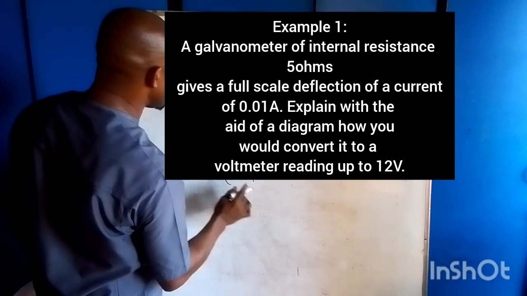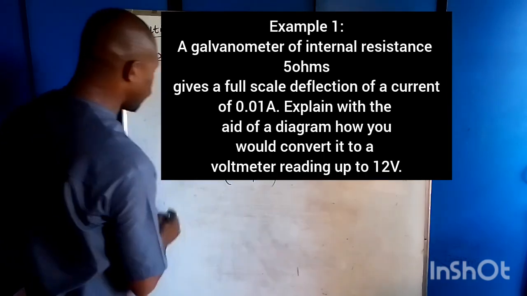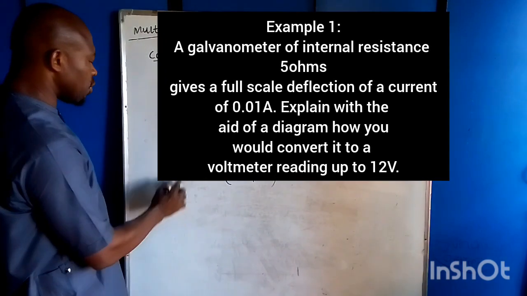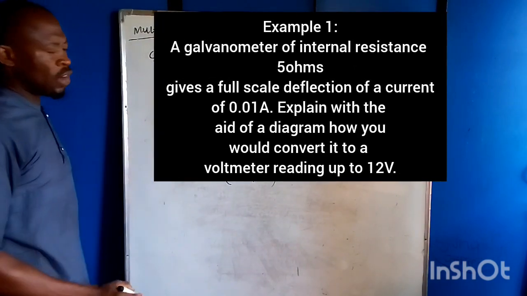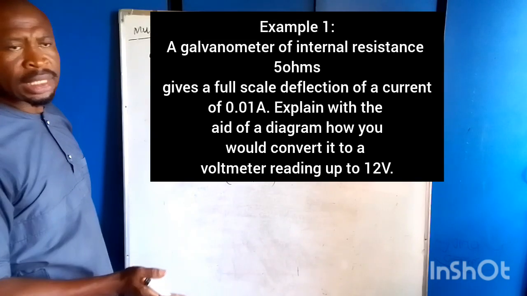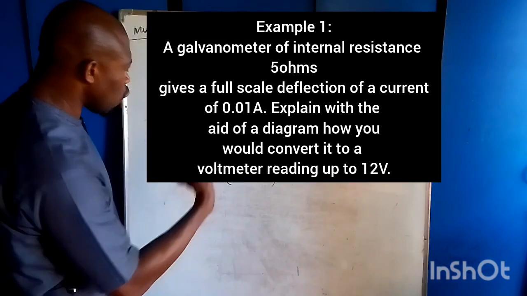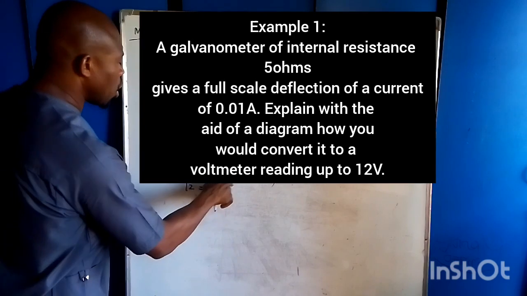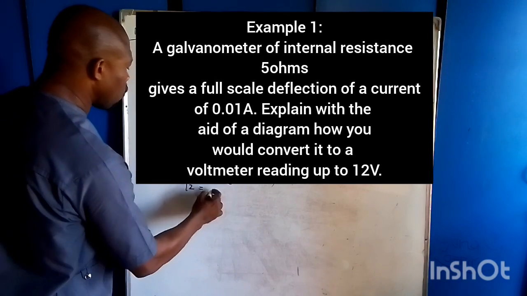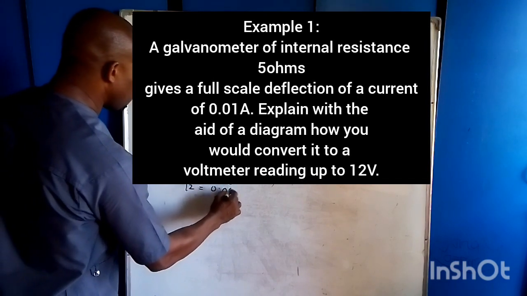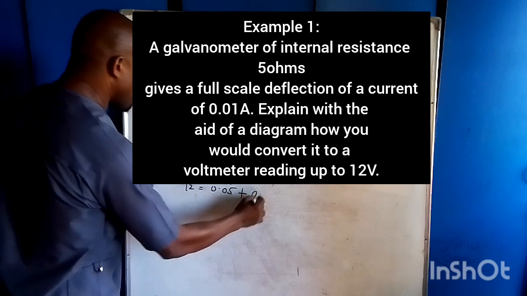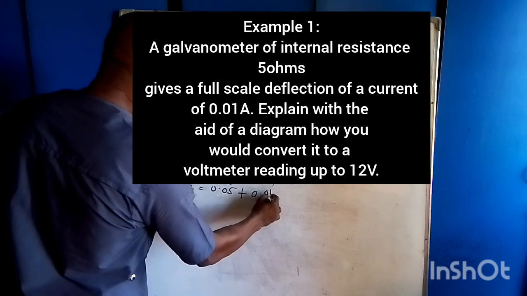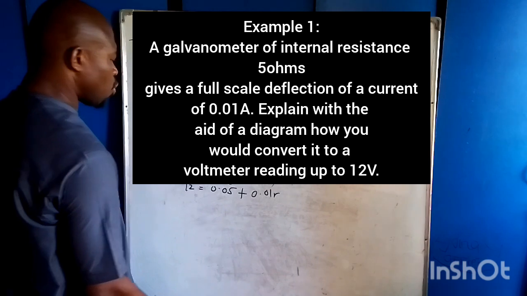The multiplier is what we are looking for. Remember, V is given to be 12. Multiplying out gives 12 is equal to 0.01 times 5, which is 0.05, plus 0.01 R.